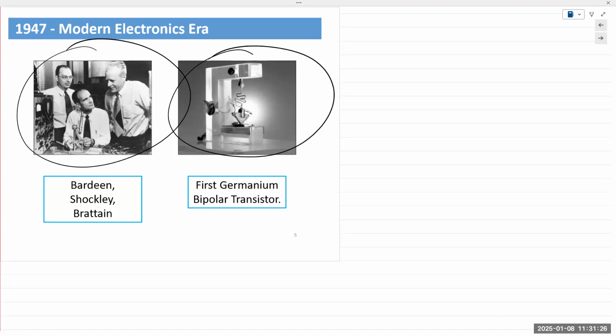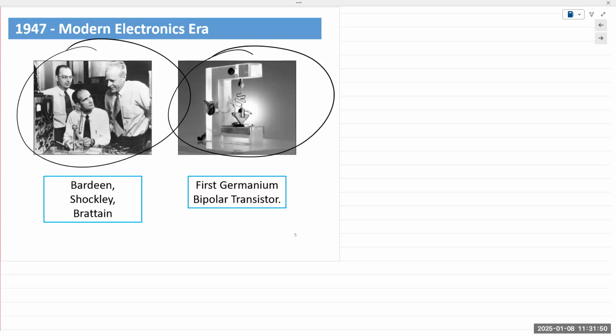This triangle that you see is a plastic device with a germanium point, and they were able to display how current flowing from one point to another would be rectified and controlled by a third terminal. So this was the first solid state device, the bipolar transistor.